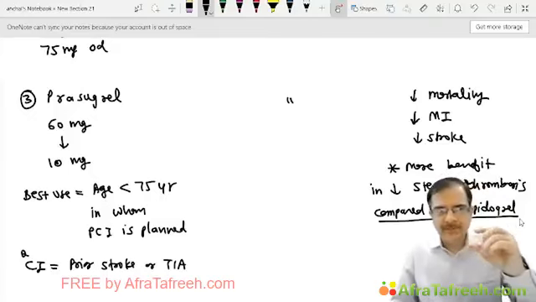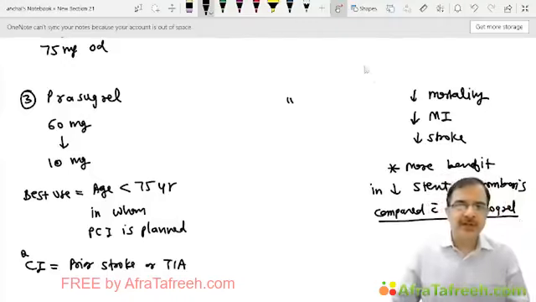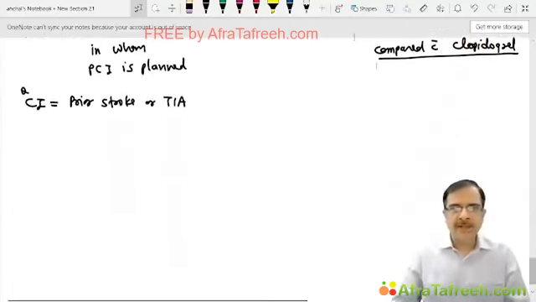Therefore it is preferred over clopidogrel if we are planning for stent placement, because it reduces stent thrombosis.